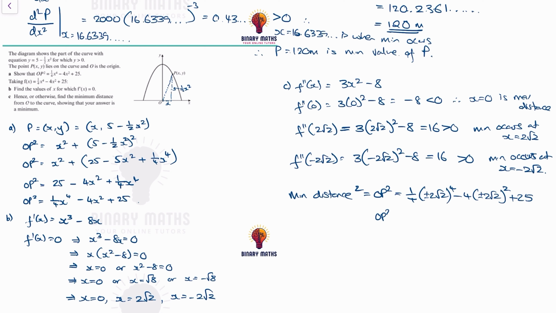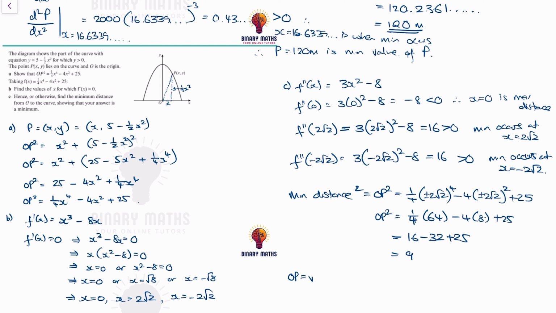Which means OP squared, which is the minimum distance squared, is equal to a quarter times 64 minus 4 times 8 plus 25, which is equal to 16 minus 32 plus 25, which is equal to 9.